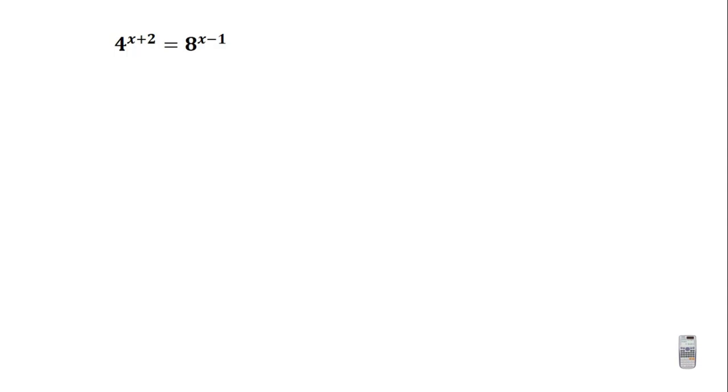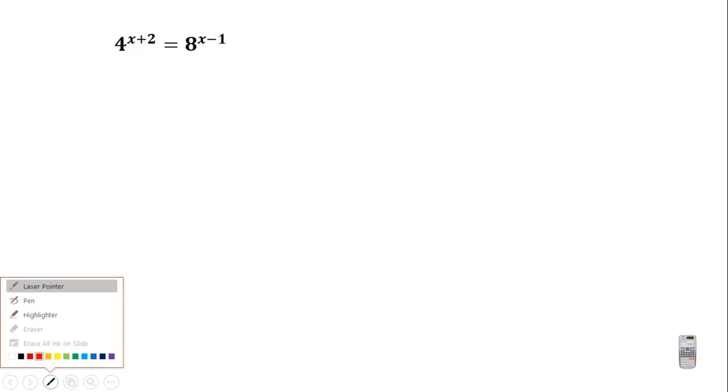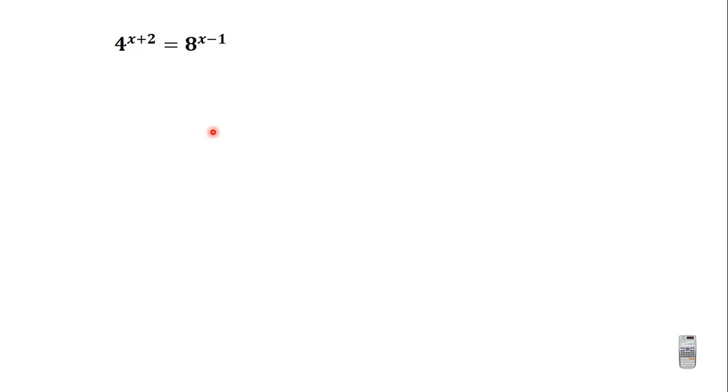We have 4 exponent x plus 2 is equal to 8 exponent x minus 1. And we are going to find the value of x in this equation. You can see from the previous examples that we've solved that in each of those examples, we change just one of the bases. So you see that we change the base on the left hand side so that it becomes the same as the one on the right hand side.